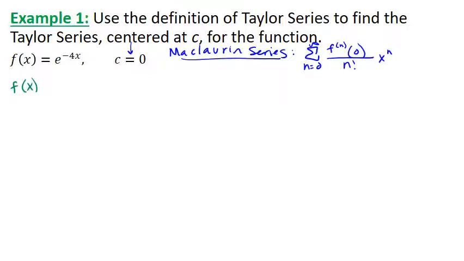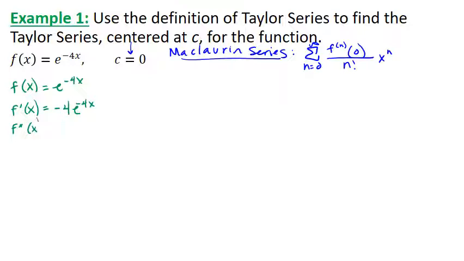So we were given f of x, it's e to the negative 4x. So I can then find the derivative of this. Now be careful that you're finding the derivative and not the antiderivative. So this is negative 4e to the negative 4x. Remember, you keep it and then multiply by the derivative of the exponent.